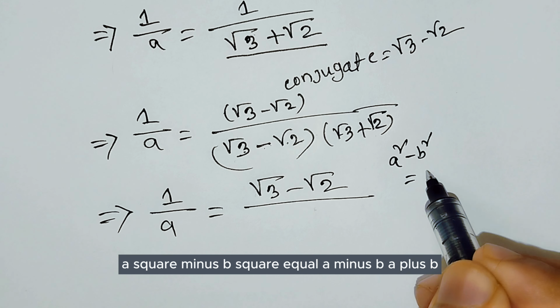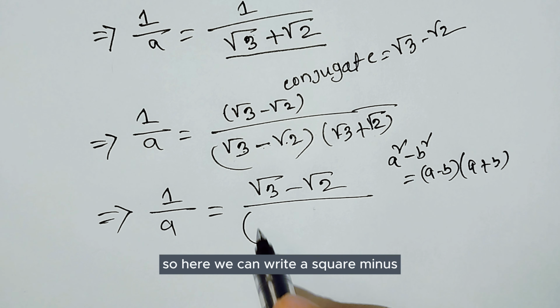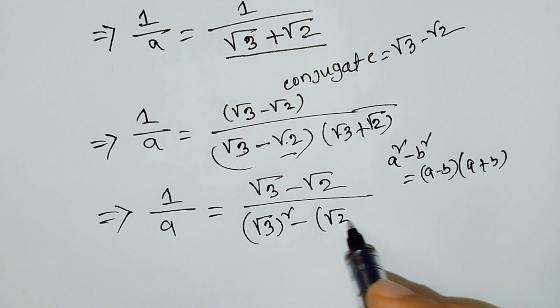So here we can write a square minus b square.